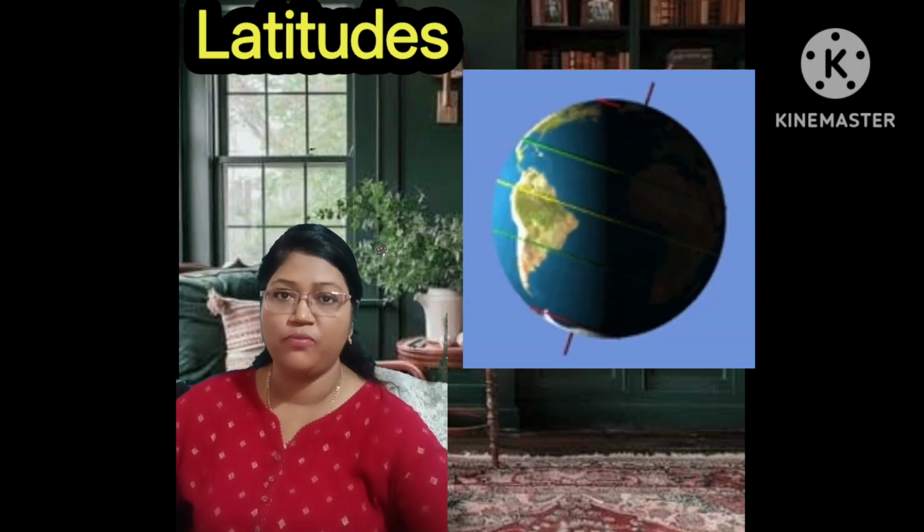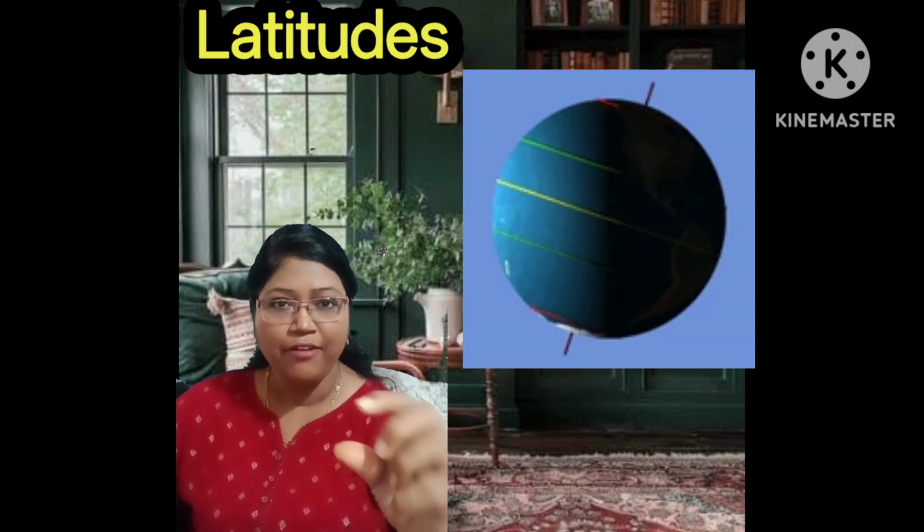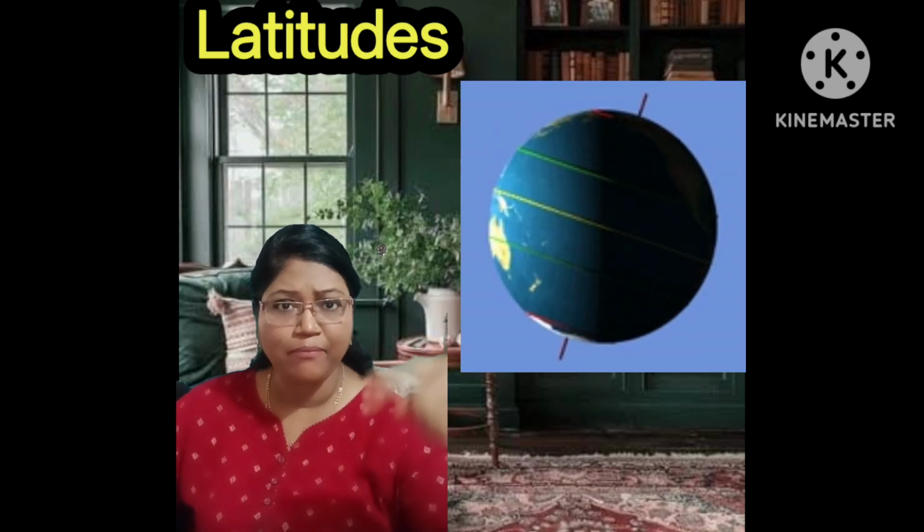So let us know about latitudes. With the help of latitudes and longitudes, you can find out the locations, the climate, and the time. Now just take a globe and rotate it. When you rotate this globe, did you identify the poles, the fixed points at the top and bottom?